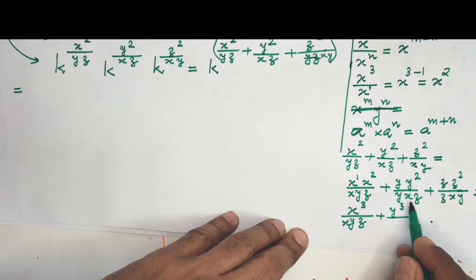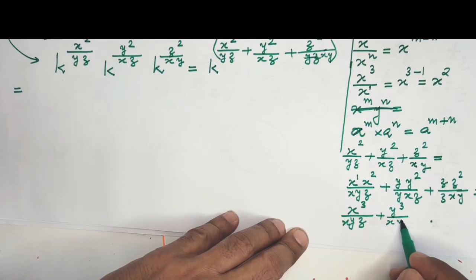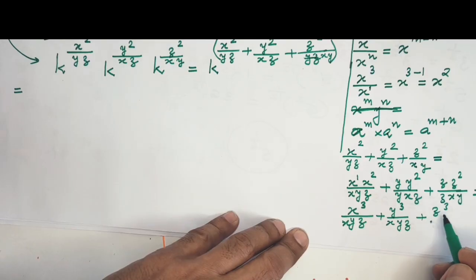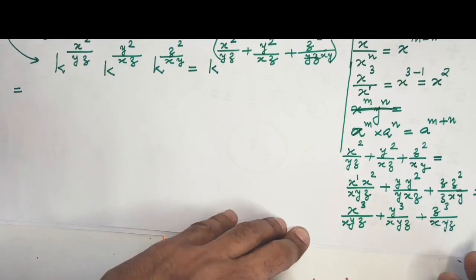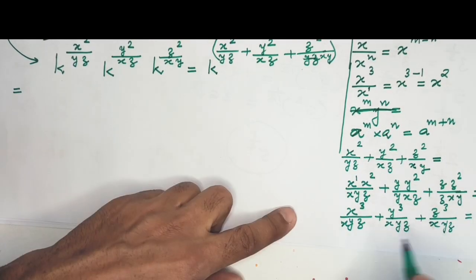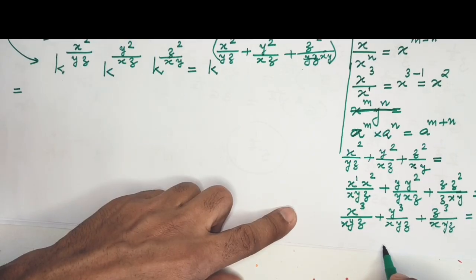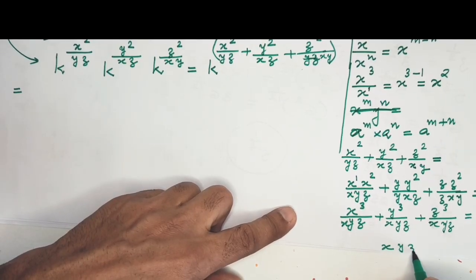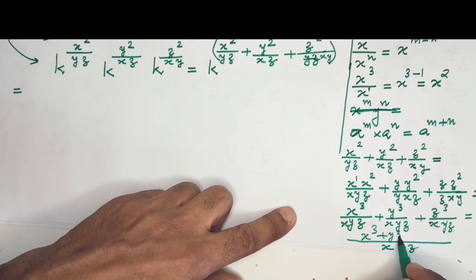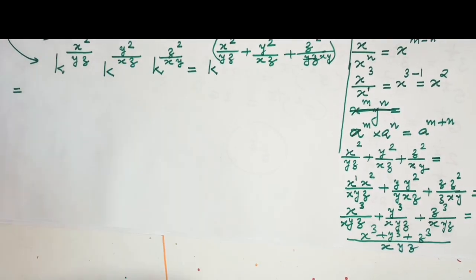It is actually yxz. Let me write it as xyz. And this will be z cubed over xyz. And that equals, see, we have the same denominator. So you can write it like this: x cubed plus y cubed plus z cubed over xyz.